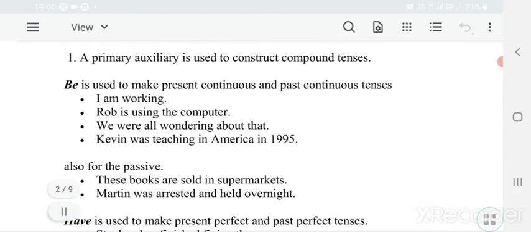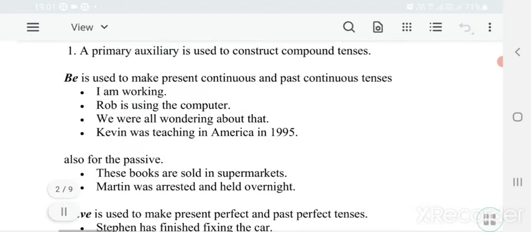Primary auxiliaries are used to construct compound tenses. Sometimes there are compound tenses like I am working, am and working, both these forms of verb are there. Rob is using the computer. We were all wondering about what Kevin was teaching in America in 1995.